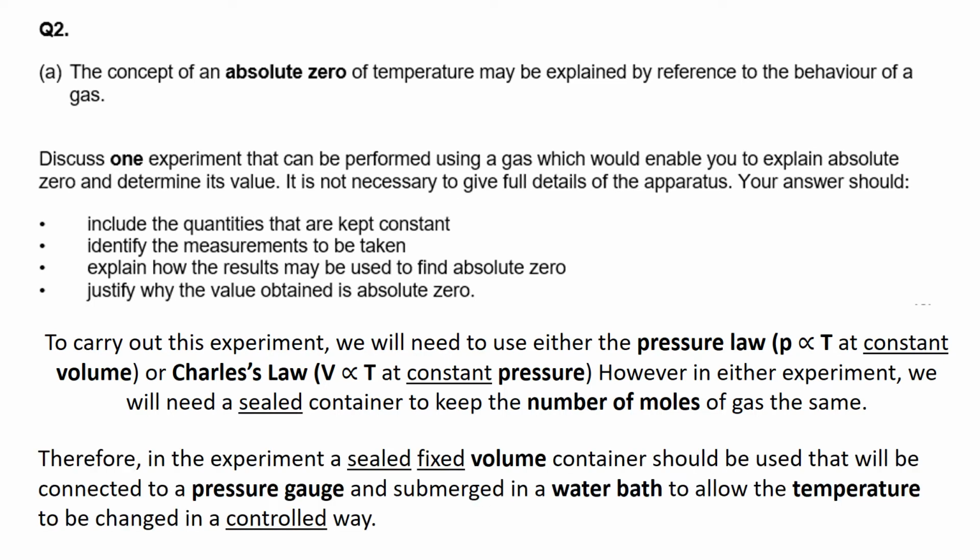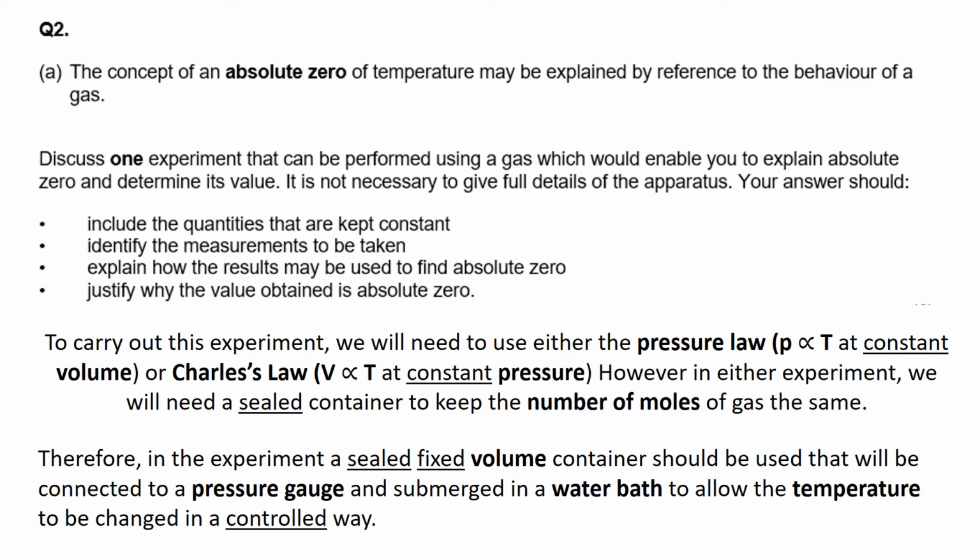Personally, I would go for a fixed volume container. It's much more straightforward to get hold of one for a start, and also then you don't have to deal with needing various different size spaces and that kind of thing. So I would generally choose the fixed volume method, using a pressure gauge as a way of measuring the pressure and a water bath as a way of changing the temperature in a controlled way, because we need to ensure that all of the gas is at the same temperature, and a way of doing that would be to use a water bath.